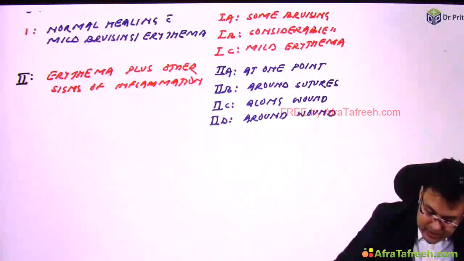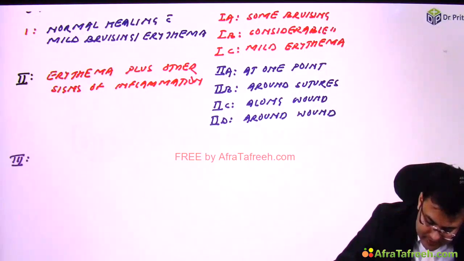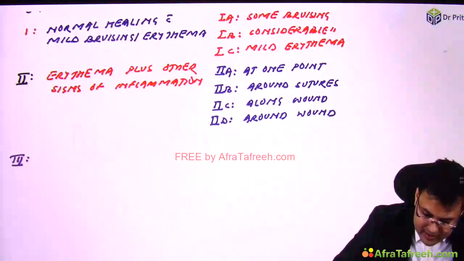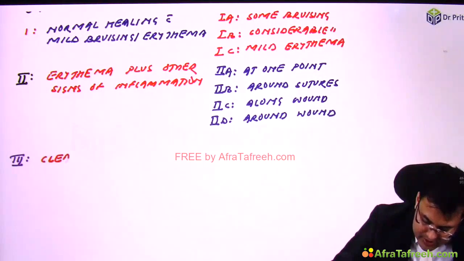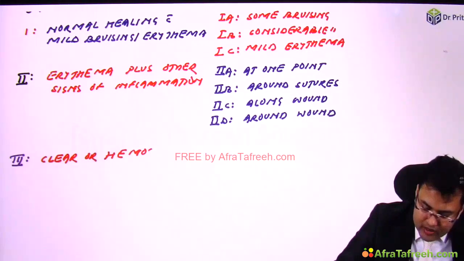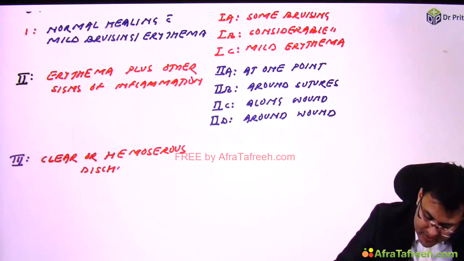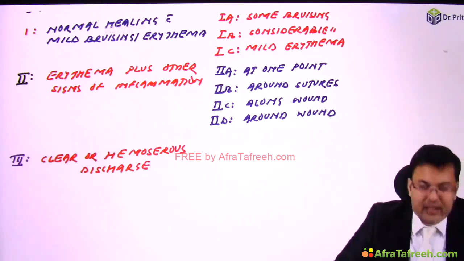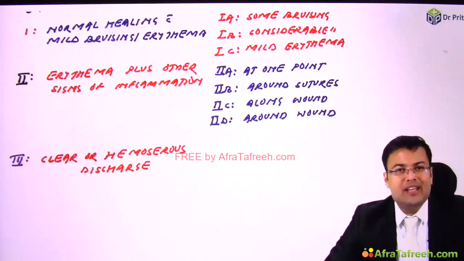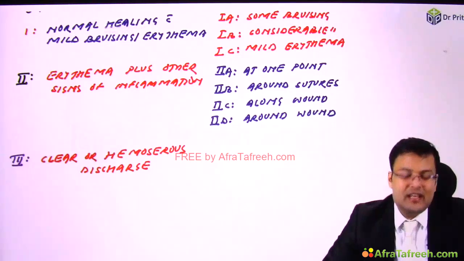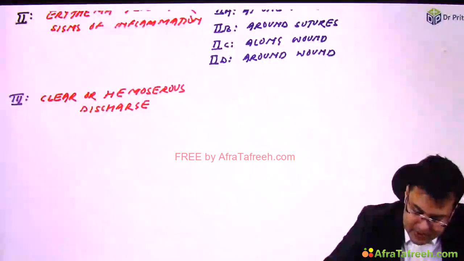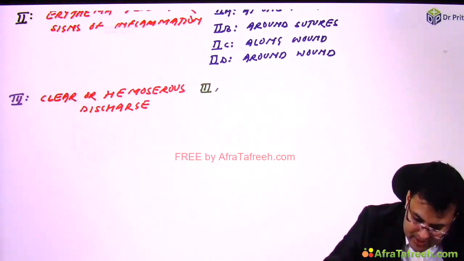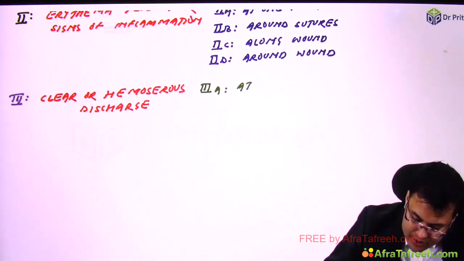After that, see grade 3. In grade 3, there is clear or hemoserous discharge. This grade 3 is also further divided into 3A, 3B, 3C and 3D. What's 3A?